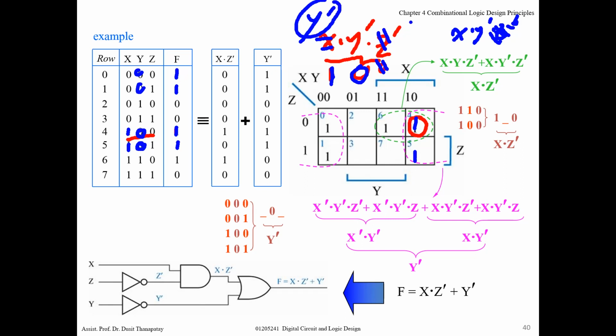So the previous product term x and y prime is not a prime implicant because you can remove one variable. Can you remove one more variable?